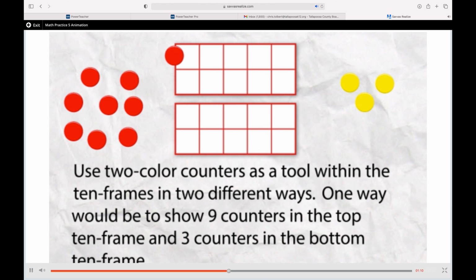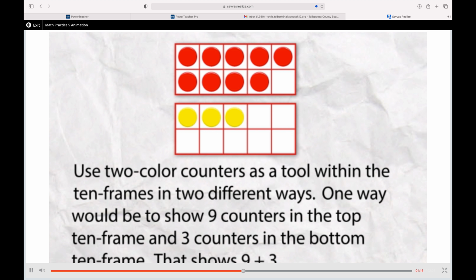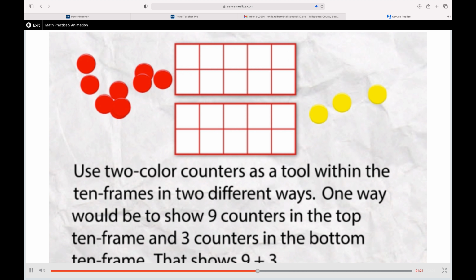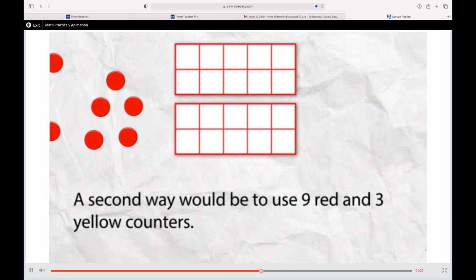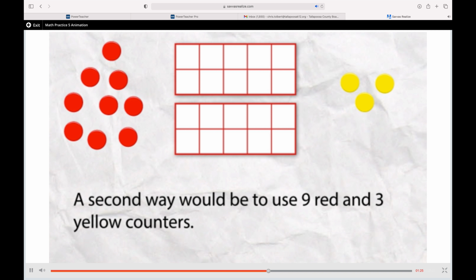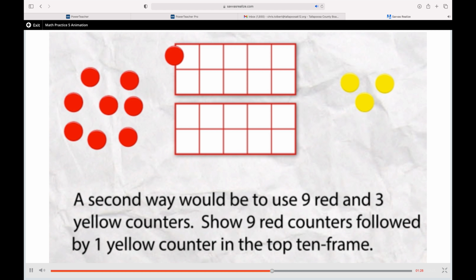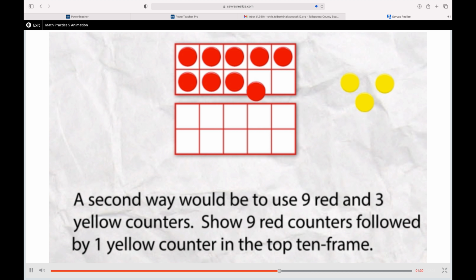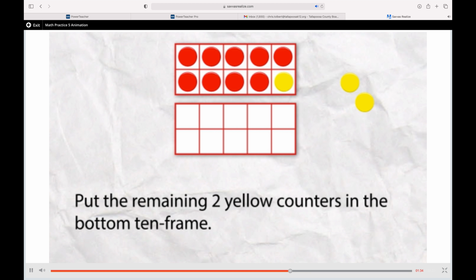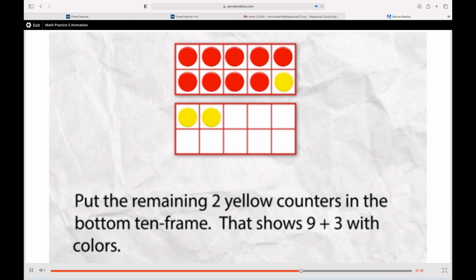One way would be to show 9 counters in the top 10 frame and 3 counters in the bottom 10 frame. That shows 9 plus 3. A second way would be to use 9 red and 3 yellow counters. Show 9 red counters followed by 1 yellow counter in the top 10 frame. Put the remaining 2 yellow counters in the bottom 10 frame. That shows 9 plus 3 with colors.